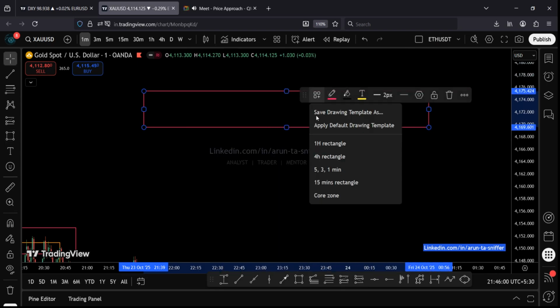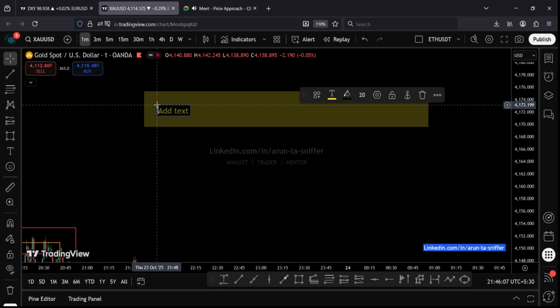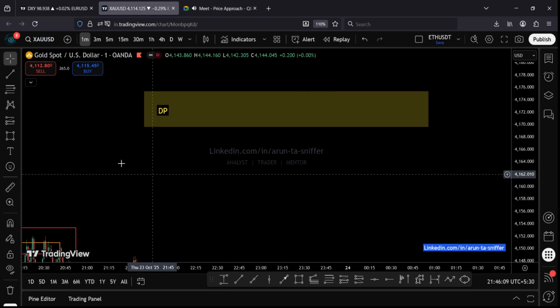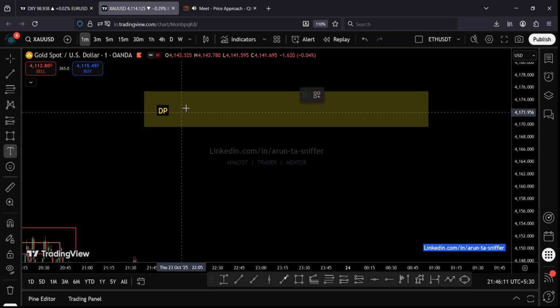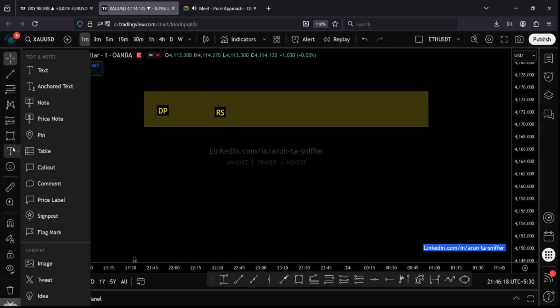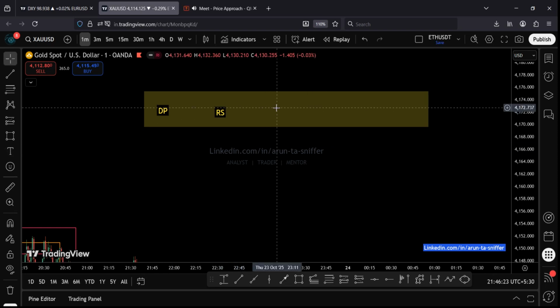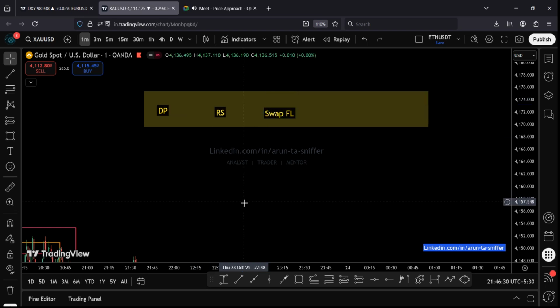Like this zone can be DP, this can be RS zone, this can also be our swap FL. Any zone, that doesn't matter, right?